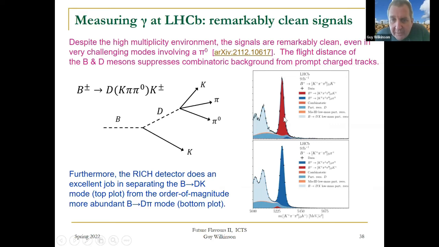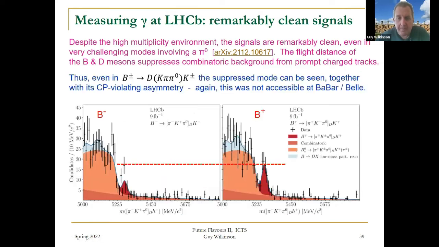We've asked the RICH to select the kaon, and you get this nice signal in red. And then this blue background underneath is coming from the B to D pi case. And remember, this B to D pi background starts as being 12 times higher than the B to D K signal. Conversely, you can ask the RICH to select B to D pi, and this is what you see in the bottom case. Therefore, you get lots of B to D pi, very little B to D K. So experimentally, these are tricks you need to play.